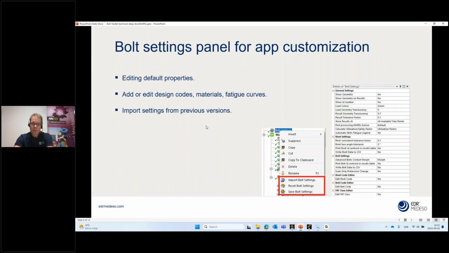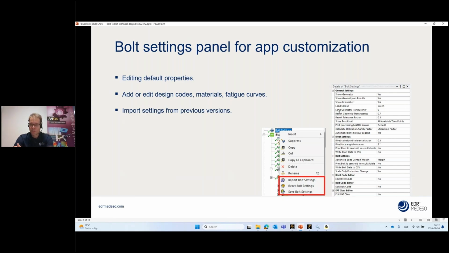Also mention here about the bolt settings panel. This is where you can manage and set the defaults. Previously you had to open a text file and set names and save that one.